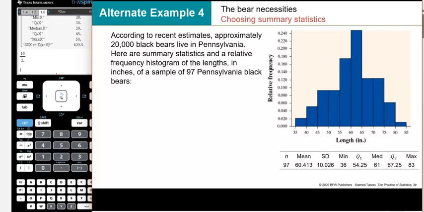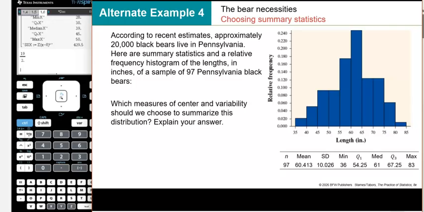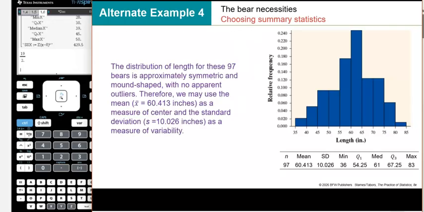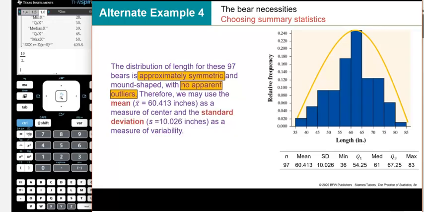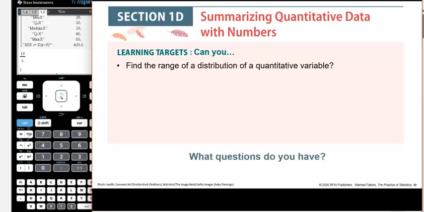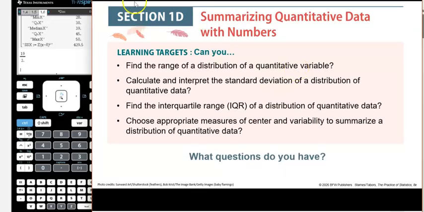That looks roughly symmetric, so I would use the mean and the standard deviation. The distribution of the lengths of these 97 bears is approximately symmetric and mound-shaped, with no apparent outliers. Therefore, we will use the mean as the measure of center and the standard deviation as the measure of the variability, or spread, of the data. All right, that's the lesson for today.